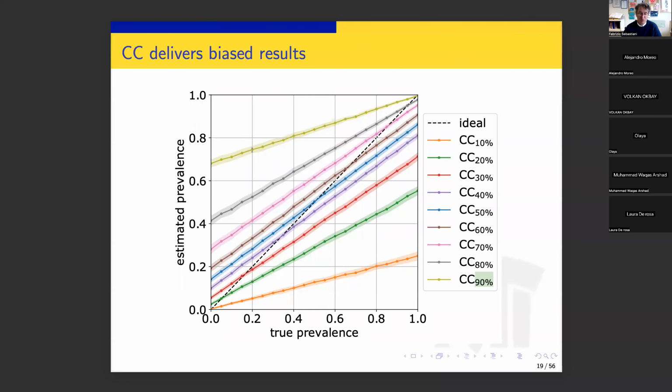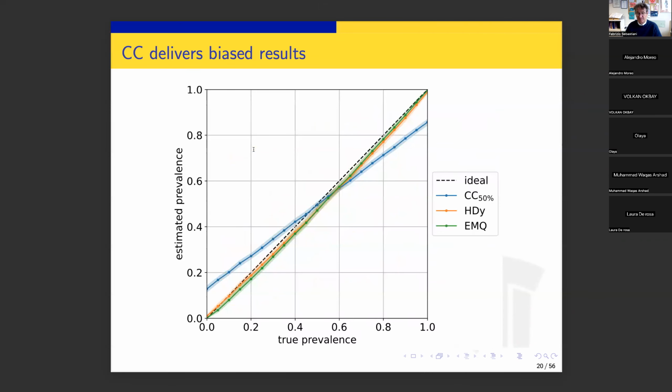I wouldn't have imagined that you might run into discrepancies between, say, a gold prevalence of 0.2 resulting in a predicted prevalence of 0.75. This is fairly shocking, but this is the hard reality of data. So classify and count is not a good way to do prevalence prediction.